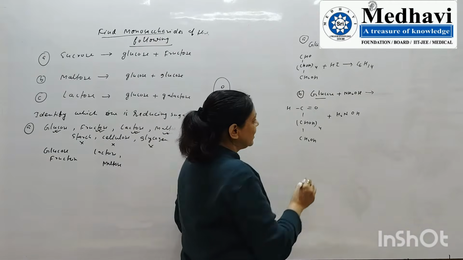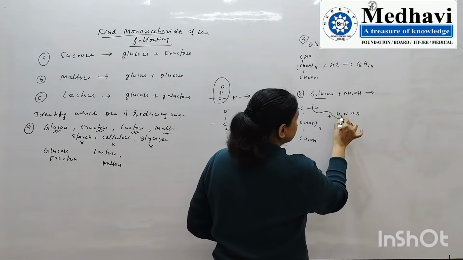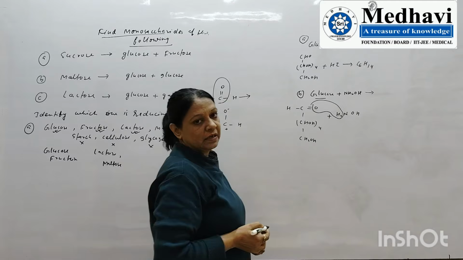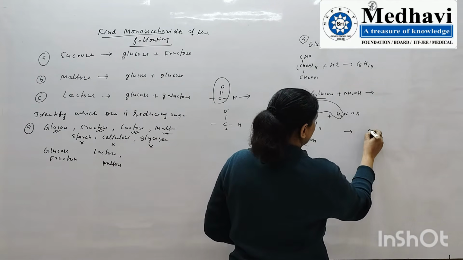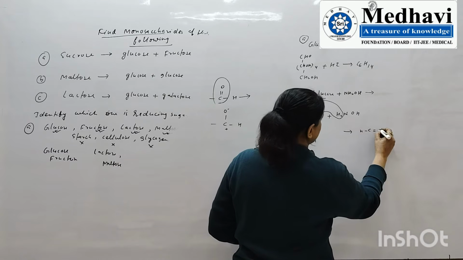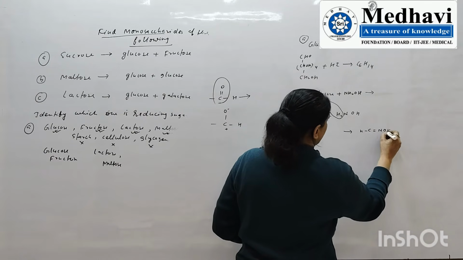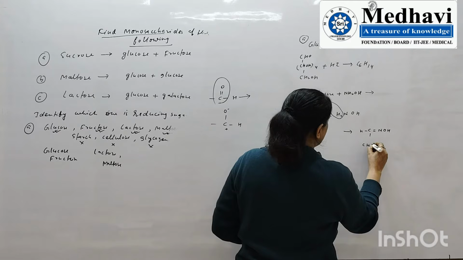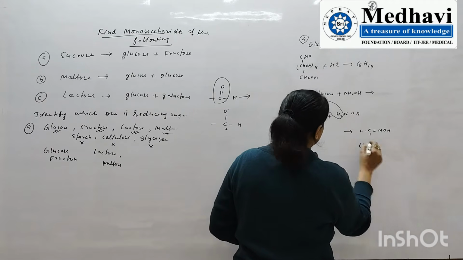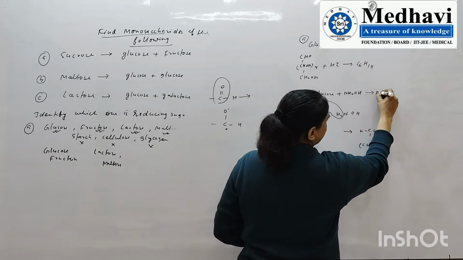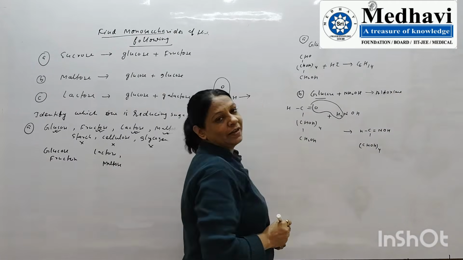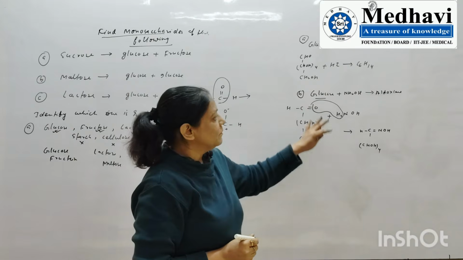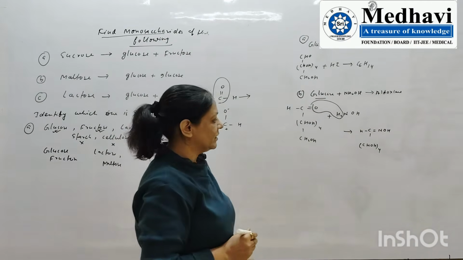So when we treat it with hydroxylamine, this part comes out as water and the compound that is formed is aldoxime. A very important compound. I am showing this structure and writing this also. By chance if you forget this part, just remember aldoxime is the product.